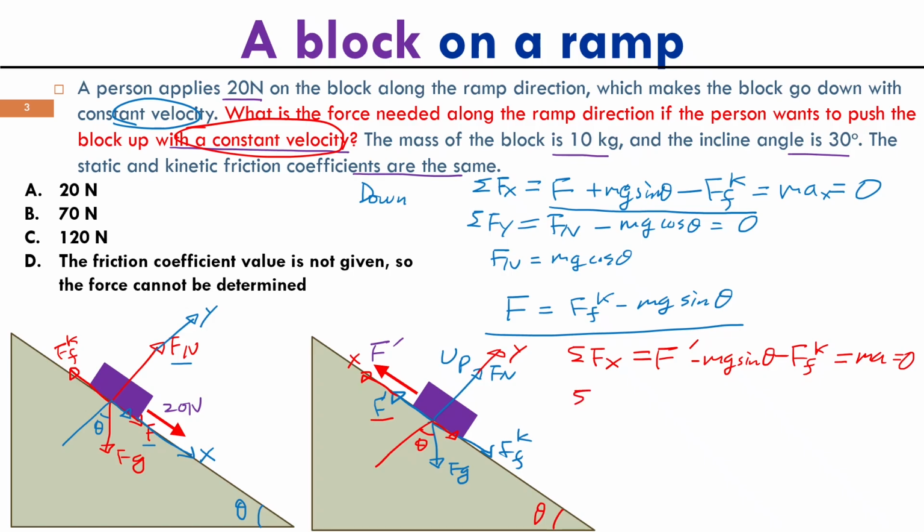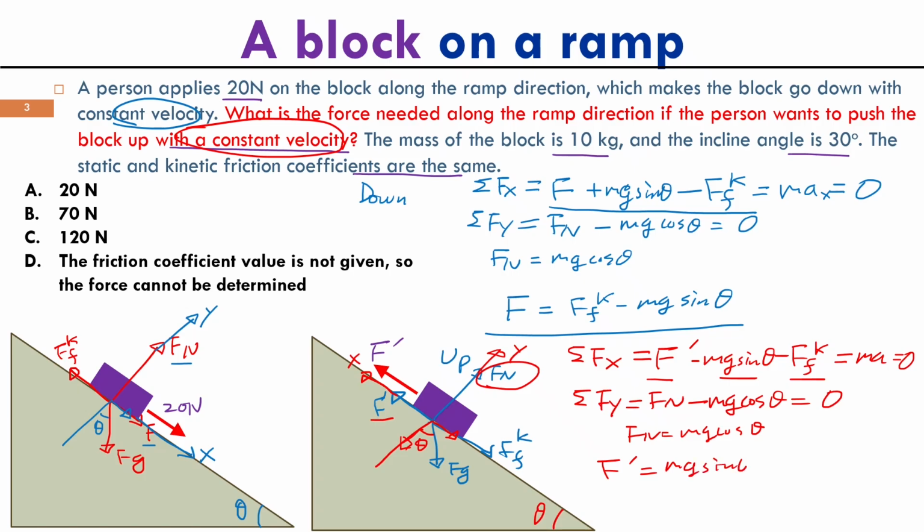Along the y direction, sigma Fy equals the normal force minus the component of gravity perpendicular to the ramp, which is mg cosine theta, which equals 0 because there is no acceleration. So now I get my normal force, which is mg cosine theta. I can also get the relationship between the applied force, gravity and the friction force. In this case, F prime equals mg sine theta plus F, the kinetic friction force, right?